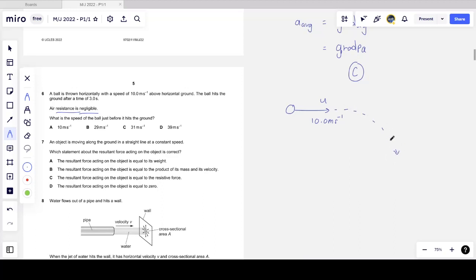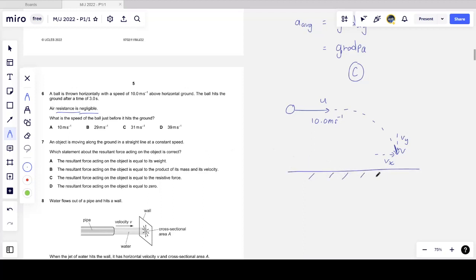When it strikes the ground, it has a final velocity v, and we're assuming it's moving to the right. It doesn't really matter. We can choose the right to be positive. And this final velocity v has components vx and vy, just before it strikes the ground.